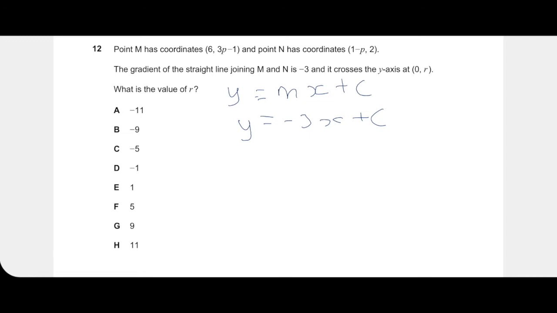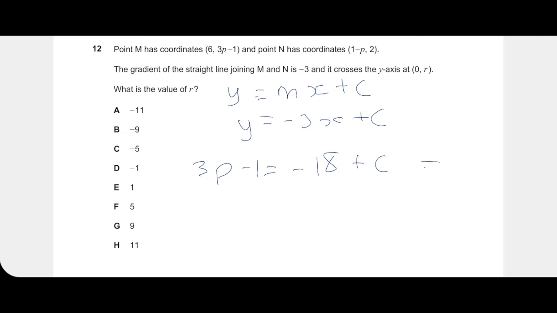So, coordinate point M, I'm going to jump a few steps here and just give the final equation. So, 3p minus 1 is equal to minus 18 plus c. So you could see that the minus 18 is referring to the mx part of the equation, and the 3p minus 1 is referring to the y part of the equation.